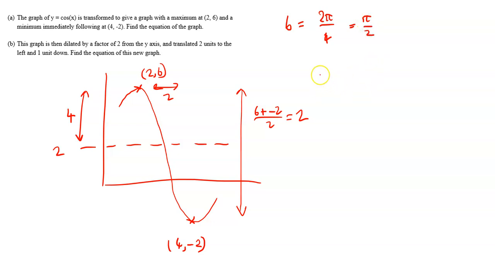That means altogether the new graph is 4 times cos of pi on 2. We can also know that it's been translated x minus 2, 2 units to the right, very similar to the last question, so I won't go into that, plus 2. That plus 2 is this 2 moving upwards here.